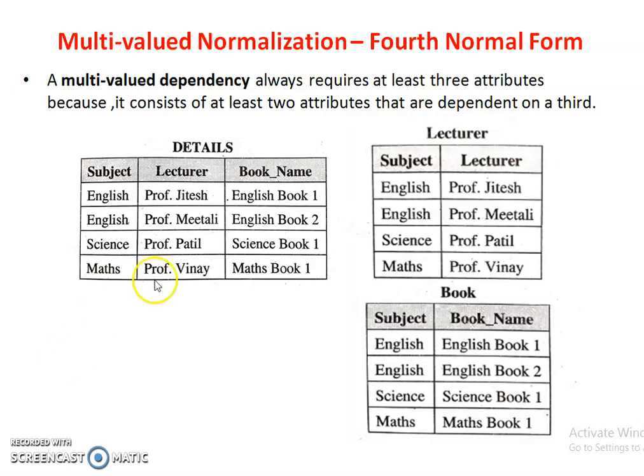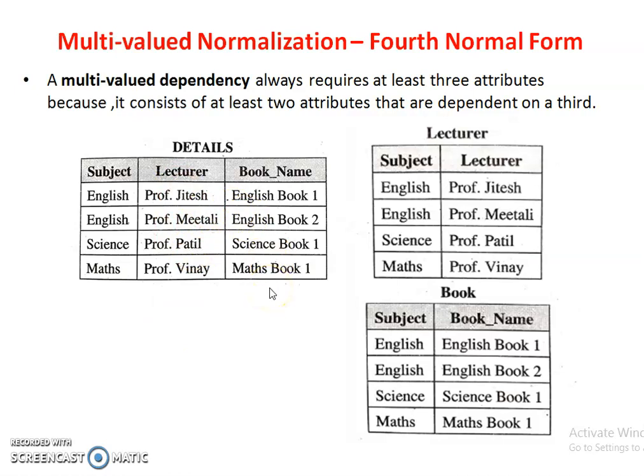Now see in this example, it contains the data about subject, lecturers and book names referred by the lecturer. Now this design satisfies the rules of third normal form, but the two attributes lecturer and book name are independent entities.